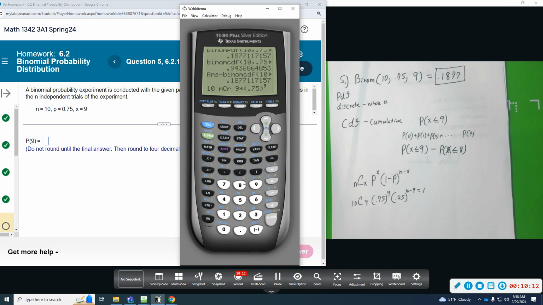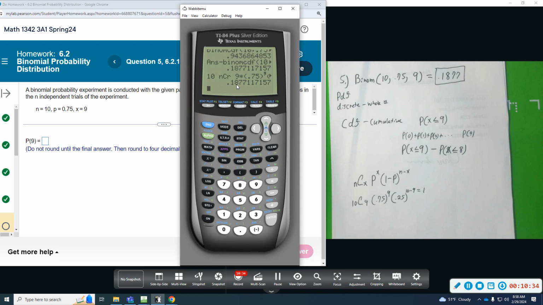And then we're going to multiply that by 0.25, the failure rate, raised to the 1st power, which you don't really have to raise to 1. It's understood, but if you had to raise it to some number other than 1, you want to put that there.